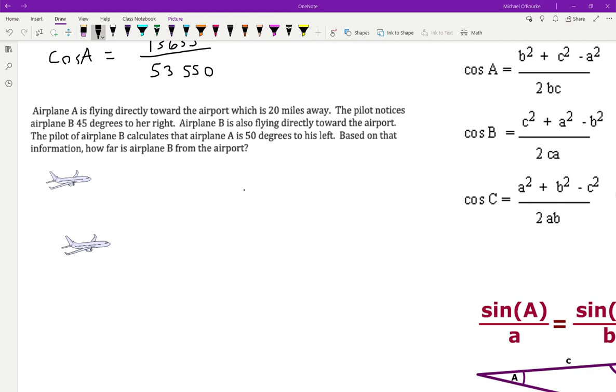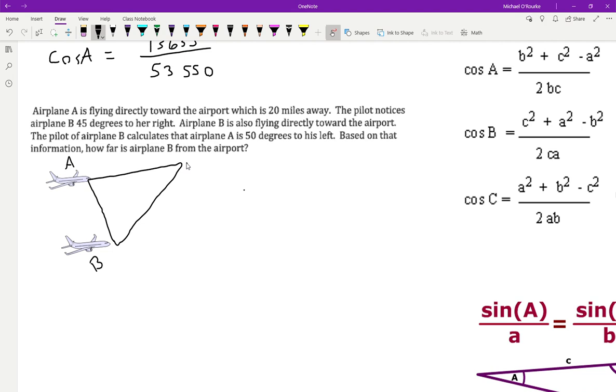So if we take a look here, I'm going to draw my little triangle to start. I have airplane A here. I have airplane B here. So this person looks this way. I'm going to draw the airport out here.